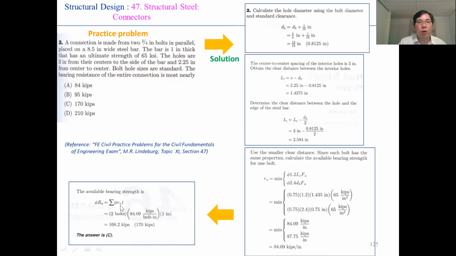So for both two bolts, you can calculate the final result. This value, the available bearing strength, is equal to 168.2 kips. So when you compare the final result with the options in the beginning, you can find that the good answer is C.